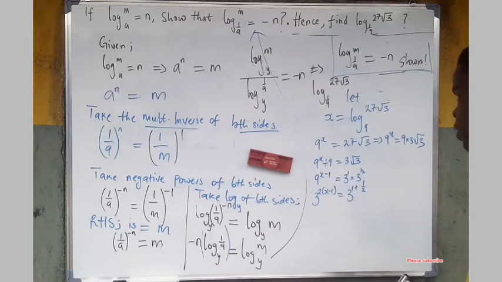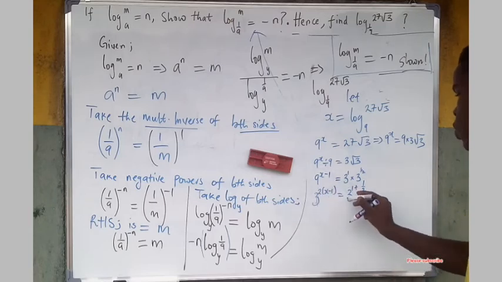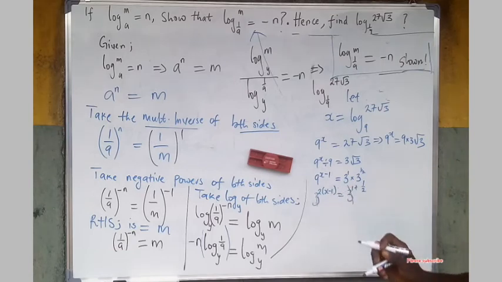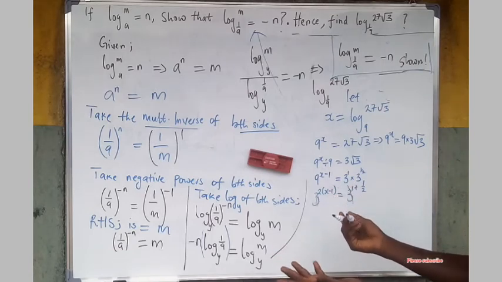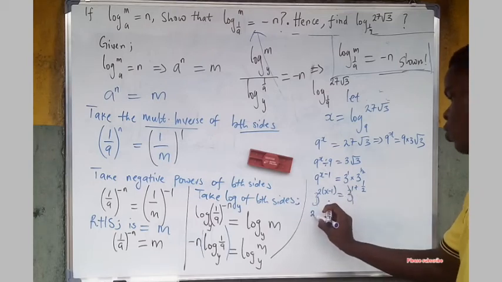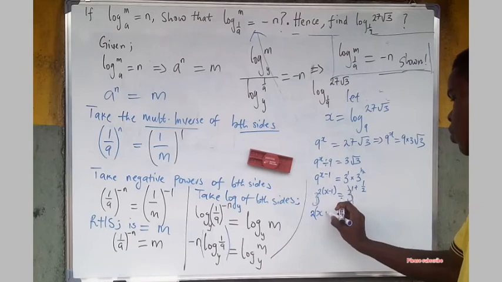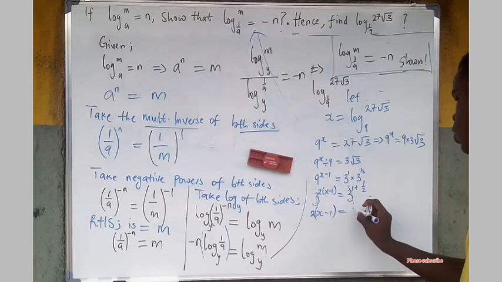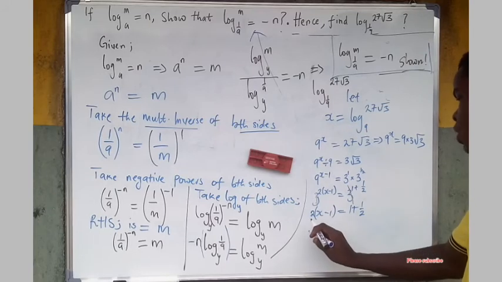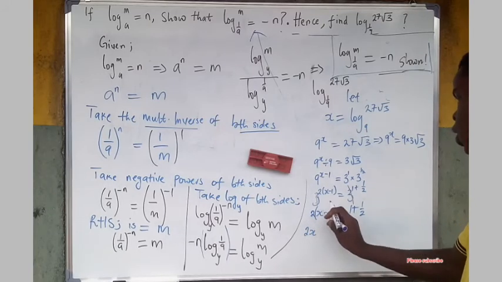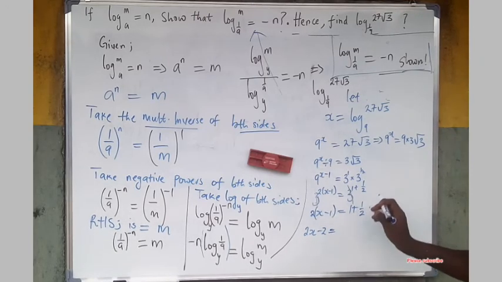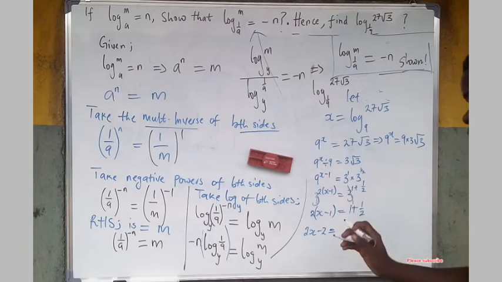Since the bases are the same, due to this equality sign, the powers should also be the same. So we equate the powers: 2x minus 2 is equal to 1 plus 1 over 2. So 2x minus 2 is equivalent to 1 plus a half, which is 3 over 2.